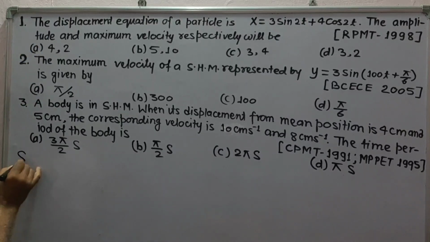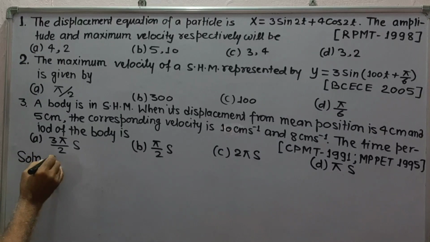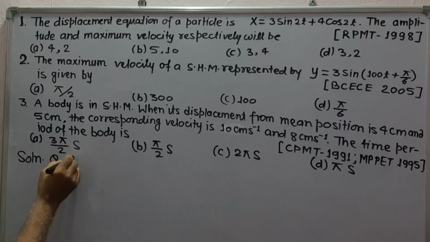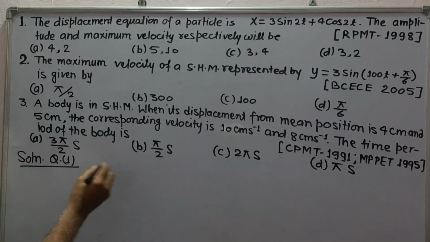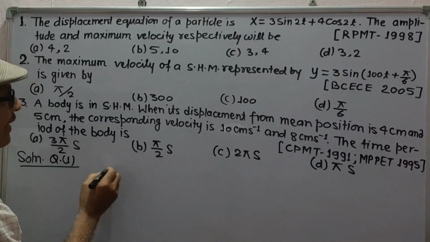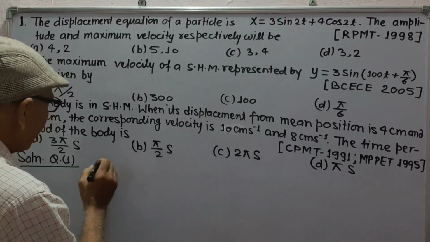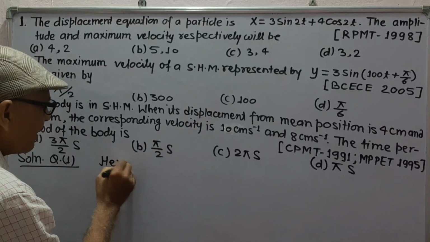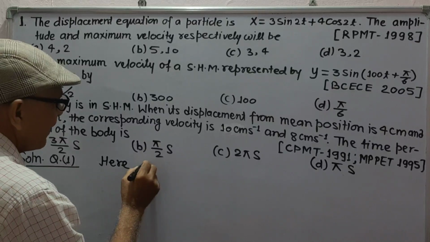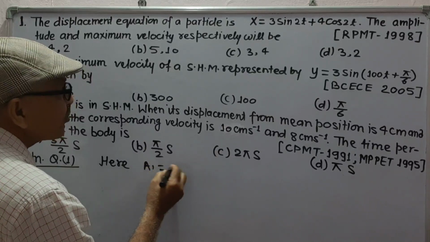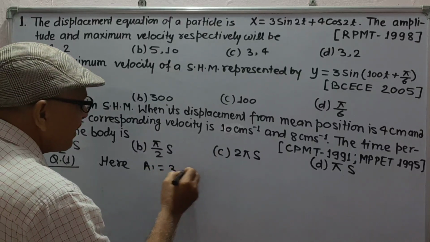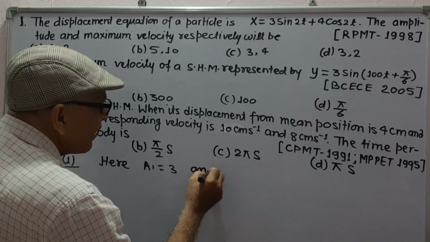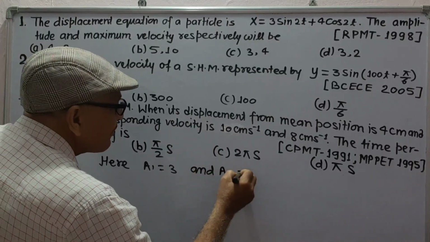Solution to question 1. Here A1 is amplitude, A1 is 3 and A2 is 4.